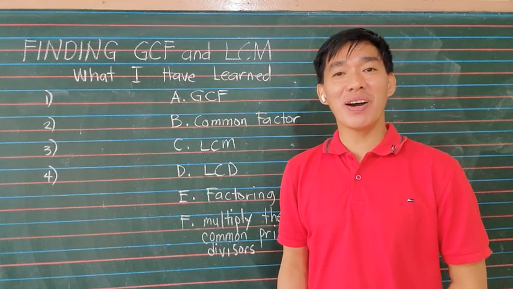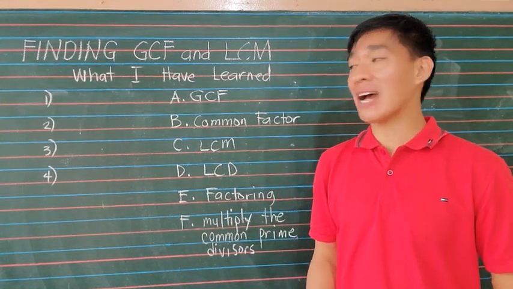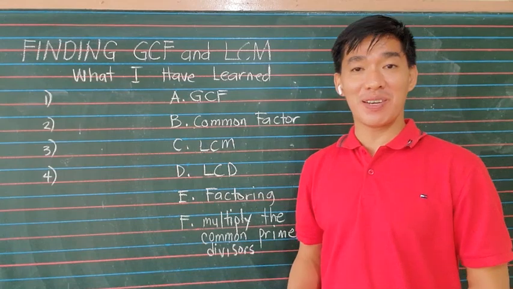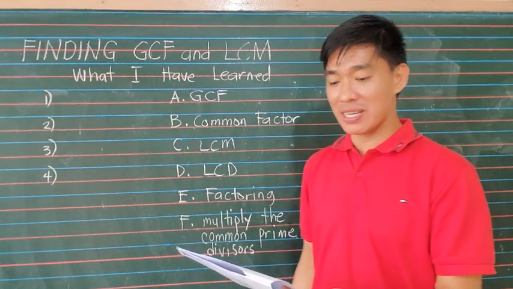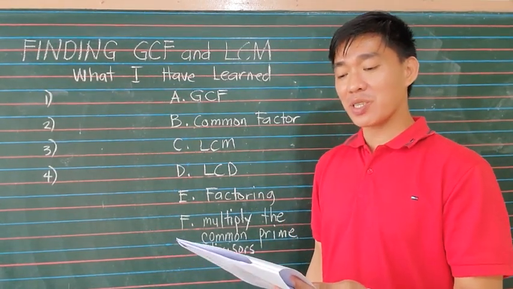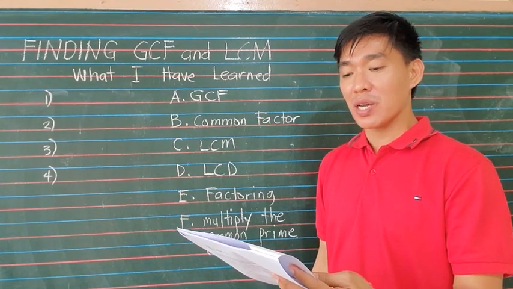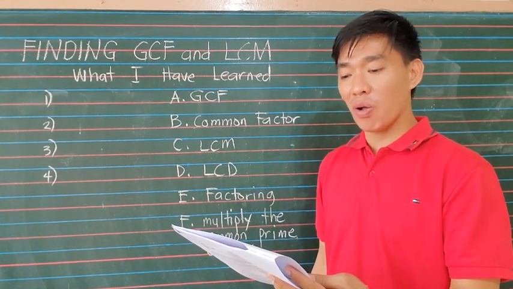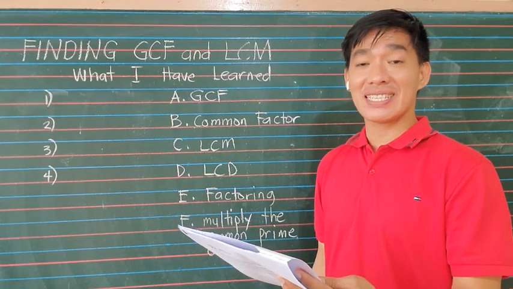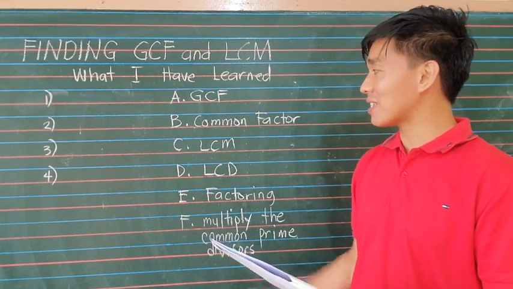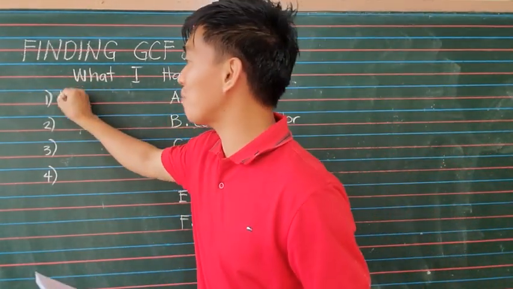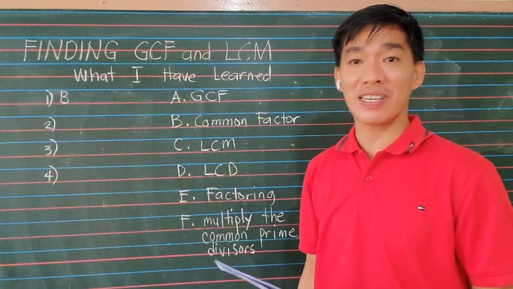Let us now see what are the answers in our activity, what I have learned. For item number 1, the question is, these are the factors of 2 or more numbers which are the same in all of the numbers in the set, and the correct answer is common factor, letter B. Check your own work.